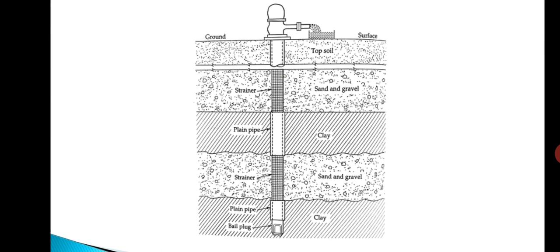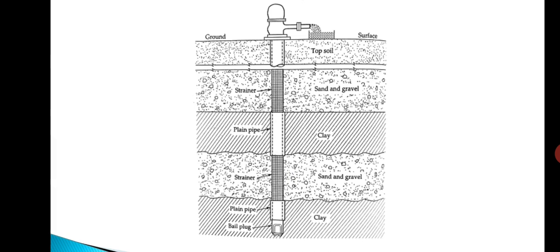So, this is the picture of a strainer tube well. In this type of tube well, a combination of strainer and plain pipe is lowered into the borehole.